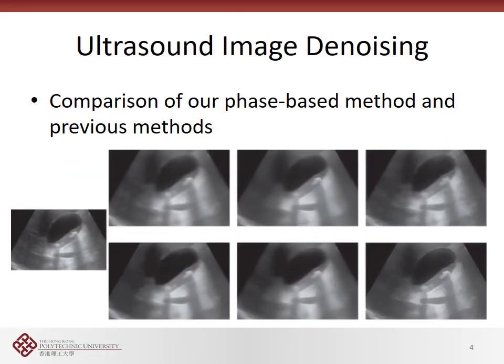First, I will give you an example to show the advantage of our methods. You can see this image is the input image, and this image is the output image after denoising, and these images are the results of previous methods.